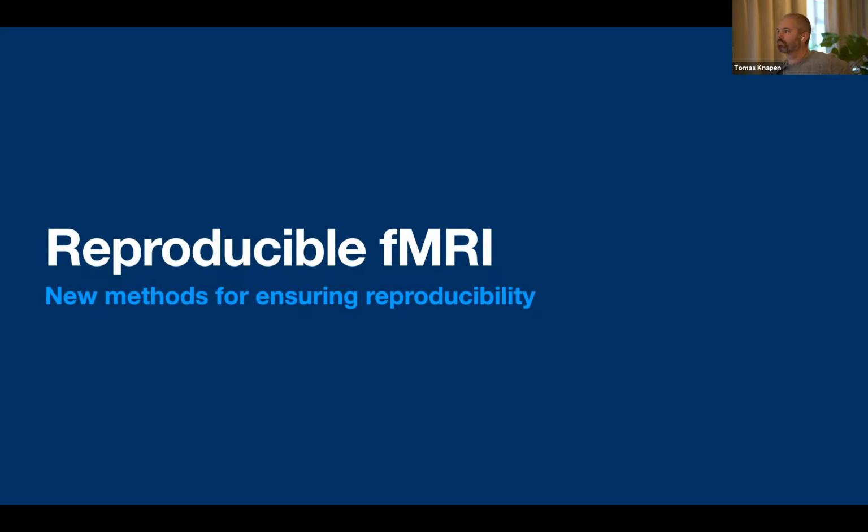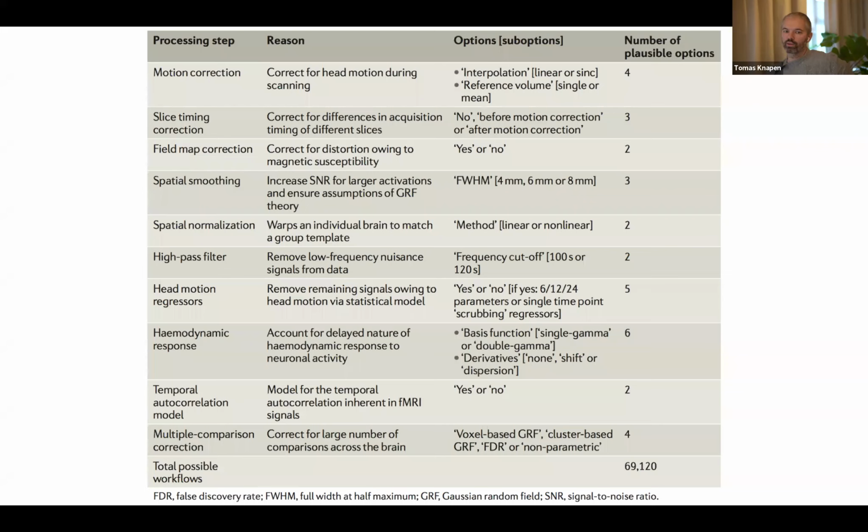Now, you can imagine that given the steps I highlighted, something like 10 different pre-processing steps that one would need to do to get to an analyzable data format, these are motion correction, field map correction, filtering, and so forth.